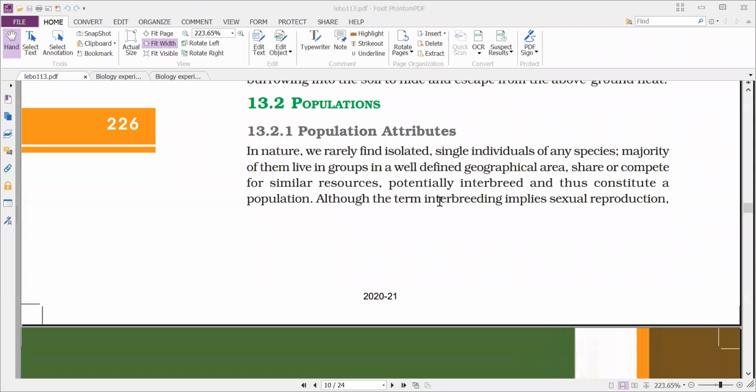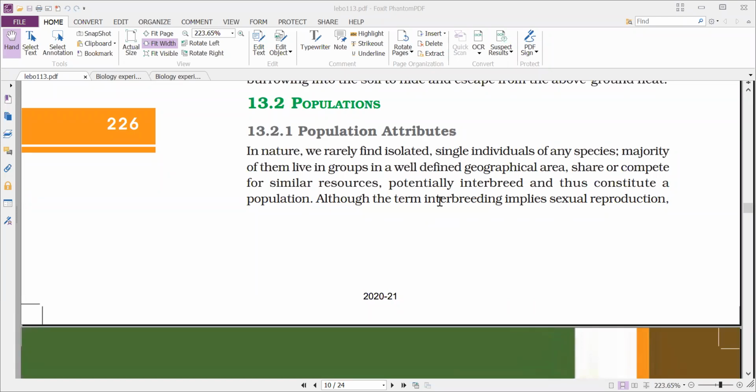And next, coming to the populations, population attributes. In nature, we rarely find isolated single individuals of any species. That means every organism lives in groups. The majority of them live in groups in a well-defined geographical area.